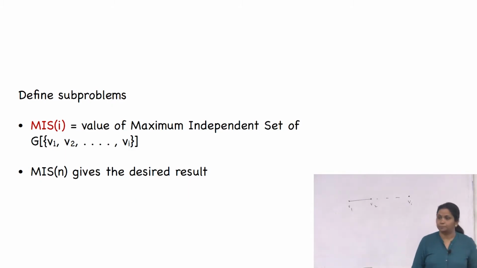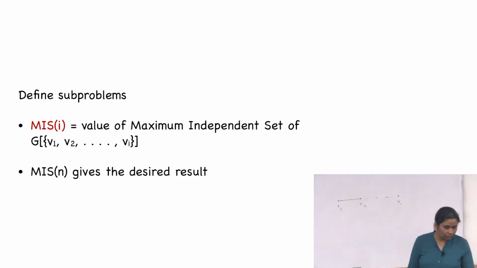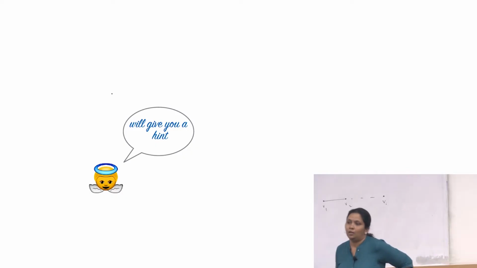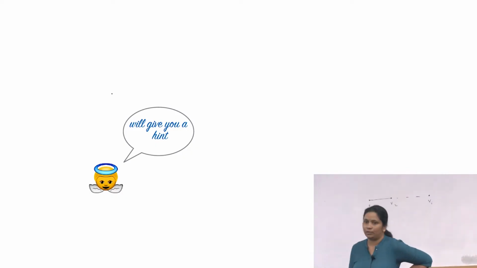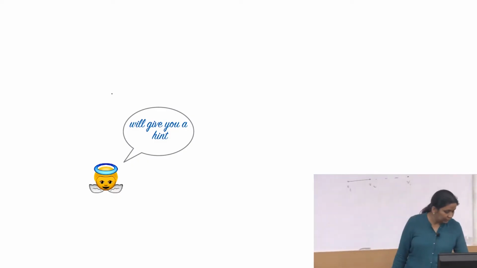So let's say at this point I get a hint. A little angel comes and tells me, I'll give you a hint about the solution for MIS of i, the value of MIS of i. So what is the hint?